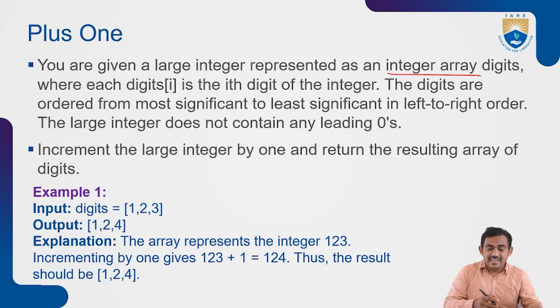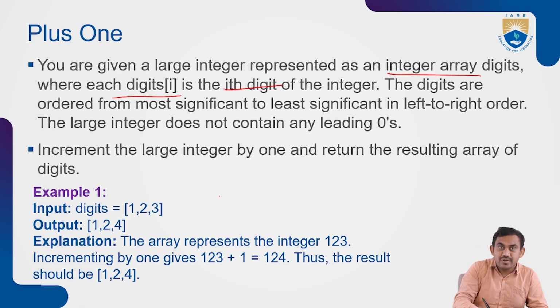In that array, we need to add 1 to the last digit. So if suppose in my list I have 1, 2, 3, in that last digit we need to add 1.